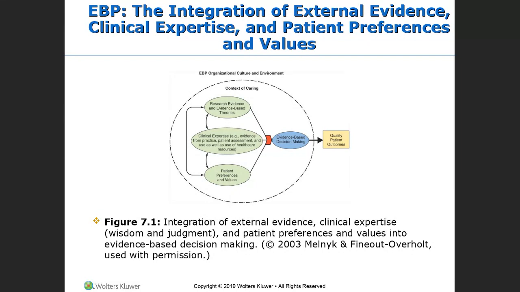But patient preferences and values is also really important because if we don't include those in our decision making, we may have a beautiful plan, but let's say the patient doesn't have transportation to get there, then that is not a great plan for that person.